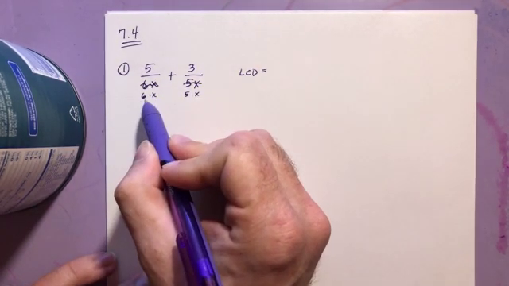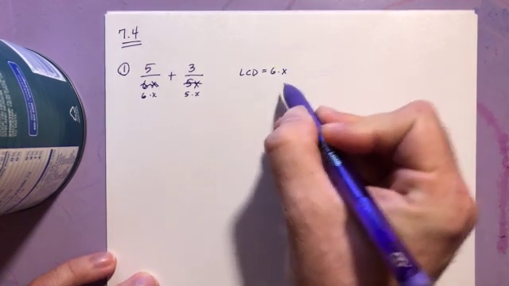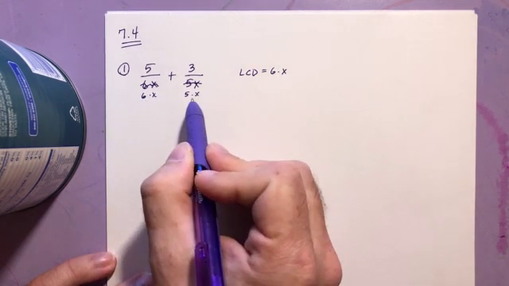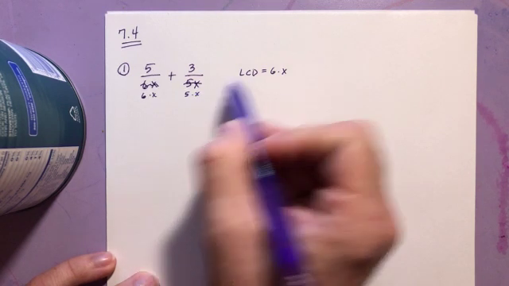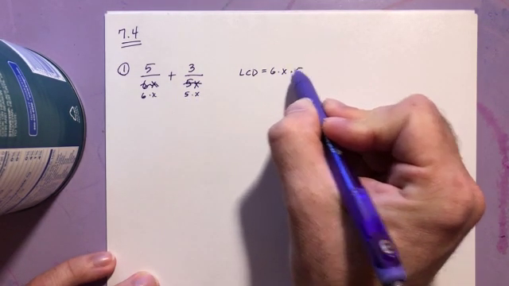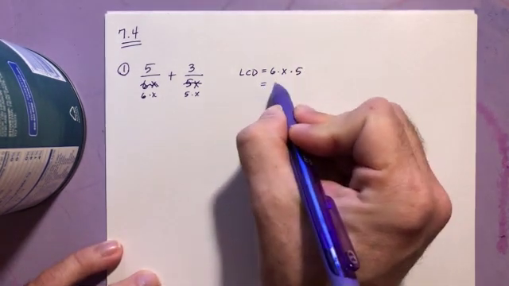I'm going to take everything from the first one, so the LCD is going to be 6 times x. Then over here, I'm going to take anything that's new. This x is not new, so I'm not going to put another x, but I am going to put this 5 in there because it's new. Then you put them together and you get 30x.